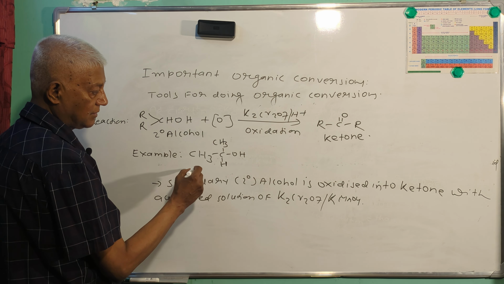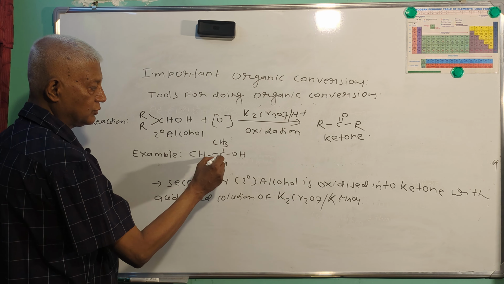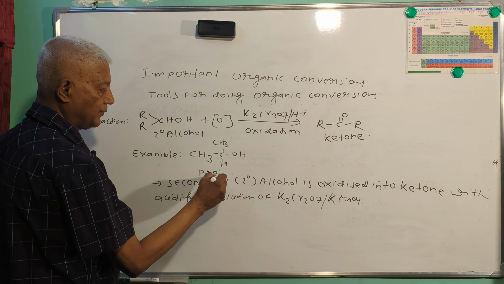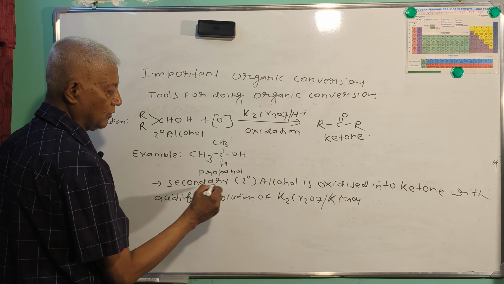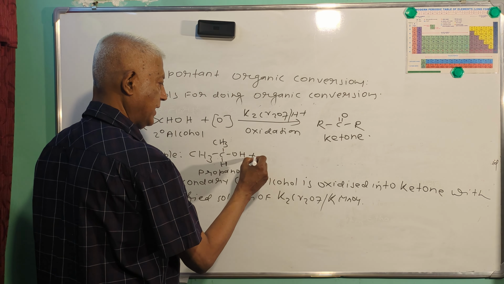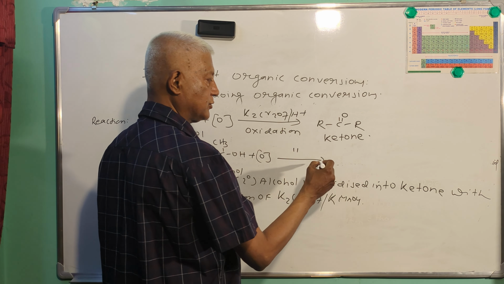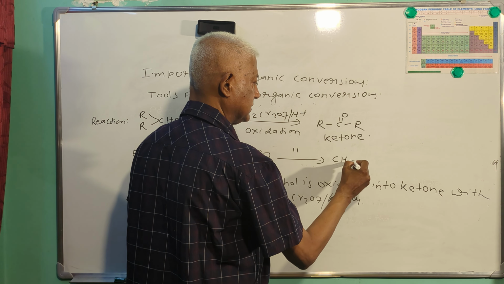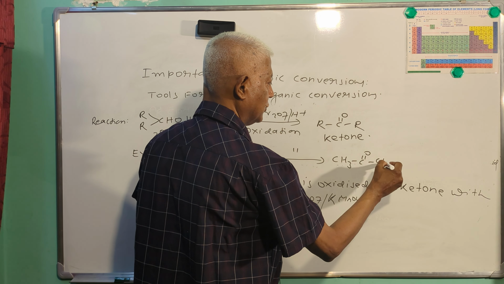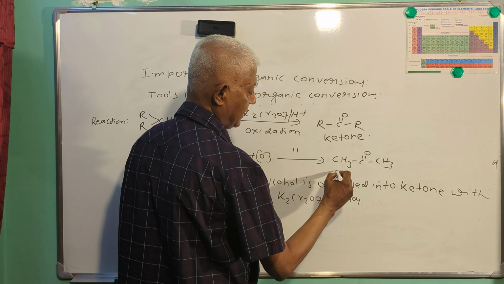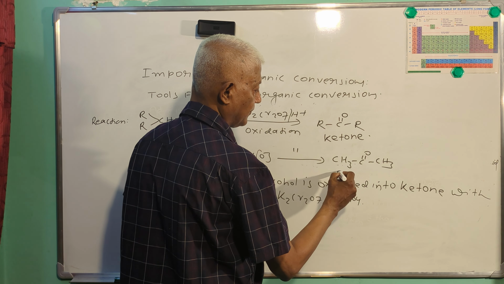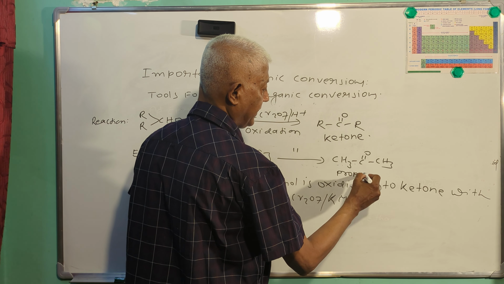So what is the name of this compound? How many carbons? 1, 2, 3. Propanol. Yes. When that is oxidized with the same potassium dichromate, we have CH3 CO CH3, that is known as propanone.